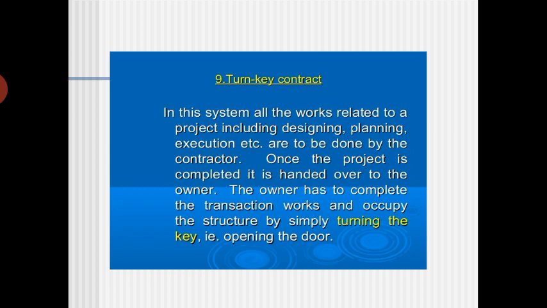Till then you have to complete all the project work, and you have to execute it. The owner is not supposed to come to the site during the planning phase, during the execution phase, and during the finishing phase also.